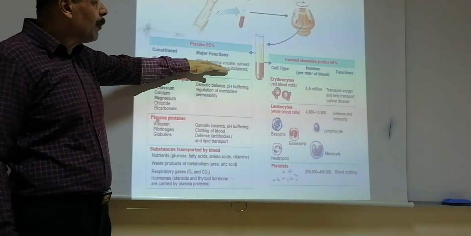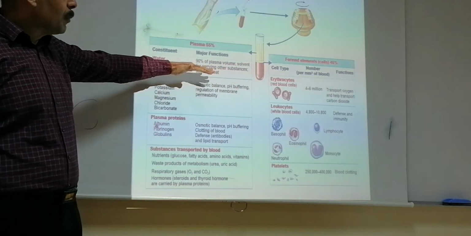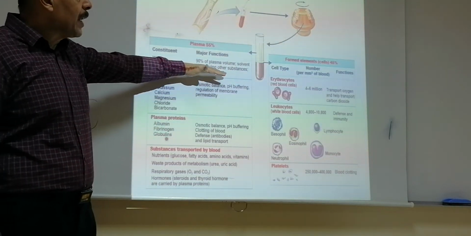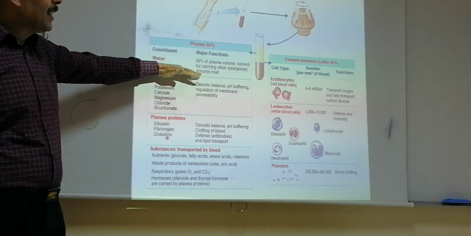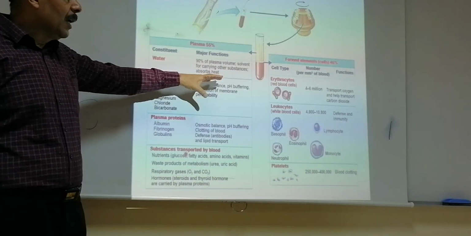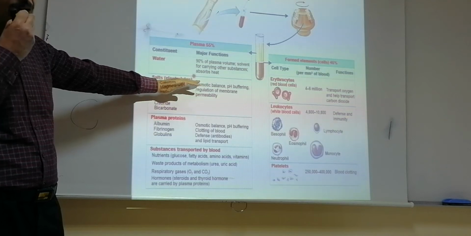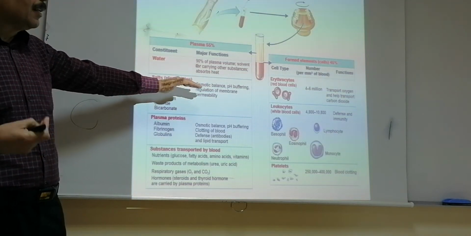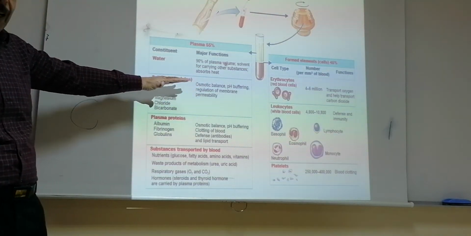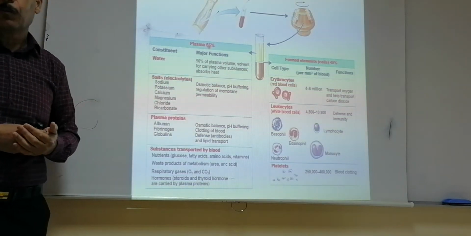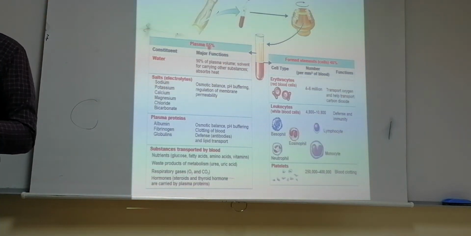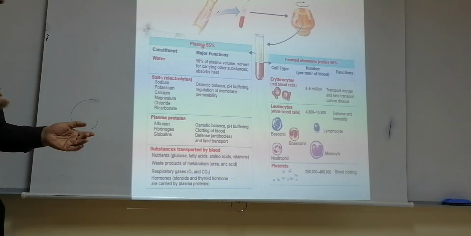So 90% of plasma volume is solvent, carrying other substances, and also absorbs heat. You know that water itself can absorb the heat and keep the heat within the body. Because of that, the blood is also transferring heat and distributing heat within our body.